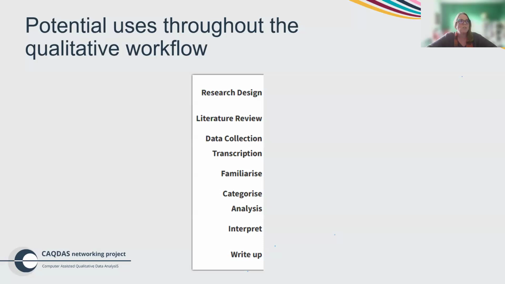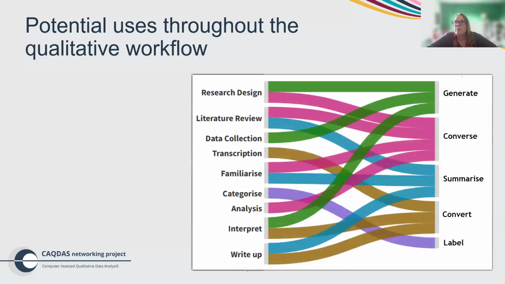And what I would like to do today is start to think about how those 5 activities or capabilities I mentioned earlier, generate, converse, summarize, convert, and label, intersect onto these stages or phases of a typical qualitative workflow. And what's most important about this Sankey diagram is not so much where the lines go from and to.